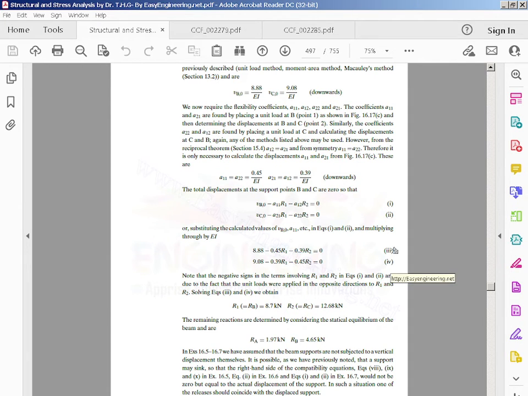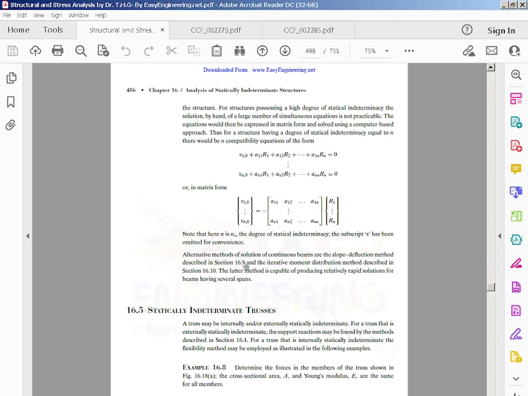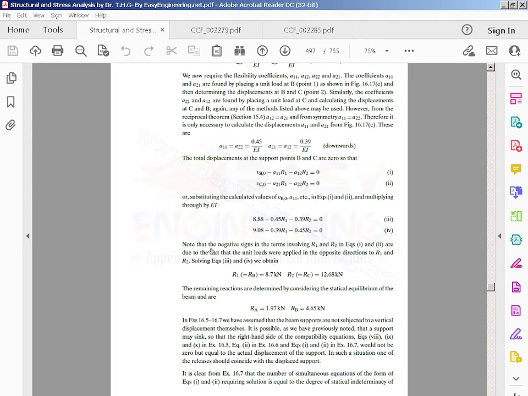So that's equation 3. Note that the negative signs in the terms involving R1 and R2 in equations 1 and 2 are due to the fact that unit loads were applied in the opposite direction to R1 and R2. Solving equation 3, we obtain R1 equals RB equals 8.7 kilonewtons, R2 equals RC equals 12.68 kilonewtons.